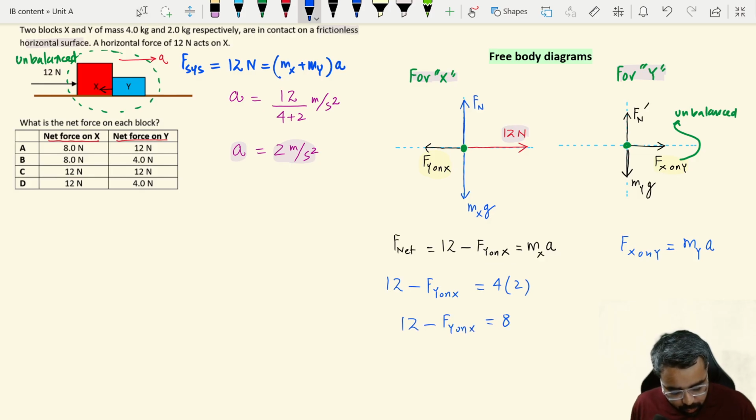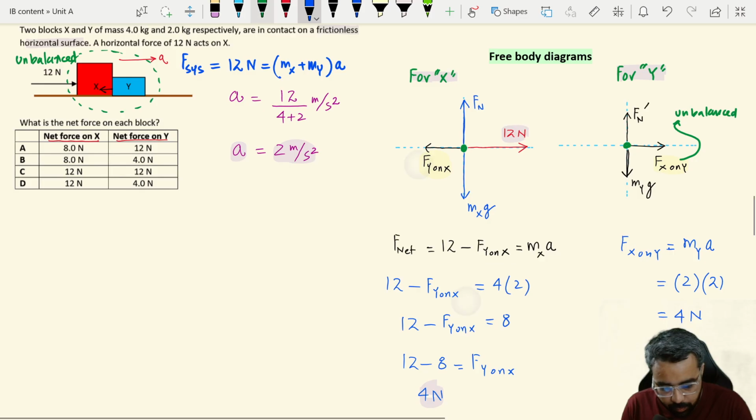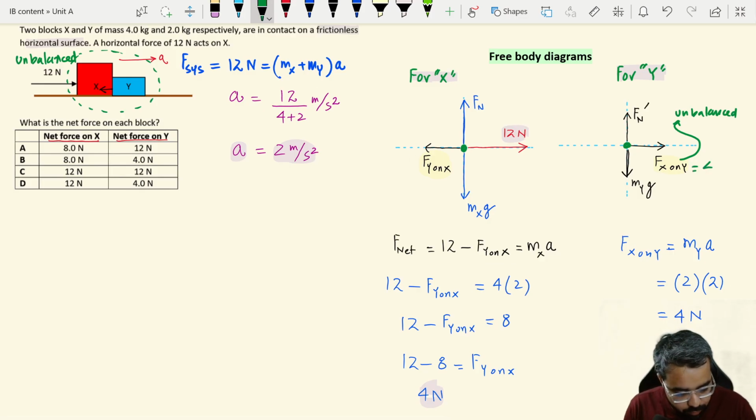From this you can find the value of the force exerted by x on y, which is 4 Newton. The same value you will get from the other equation: what is the mass of y? It is 2 kilograms, and the acceleration is 2. So the direct answer is 4 Newton. Finally we got our answer: the force exerted on y is 4 Newton.